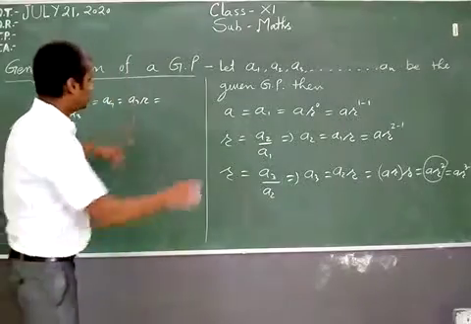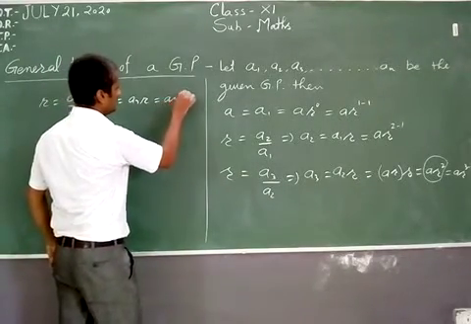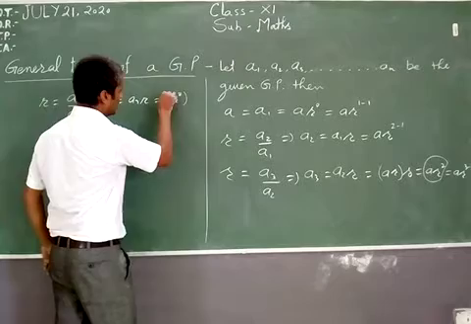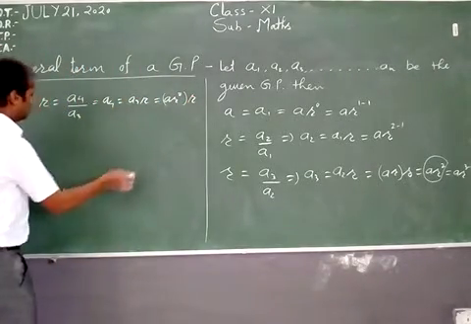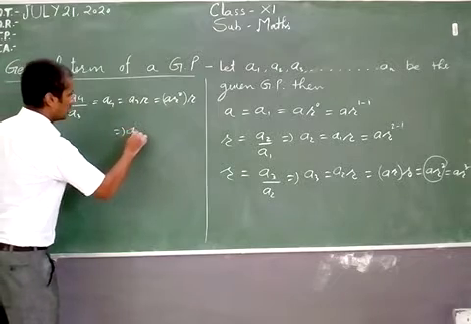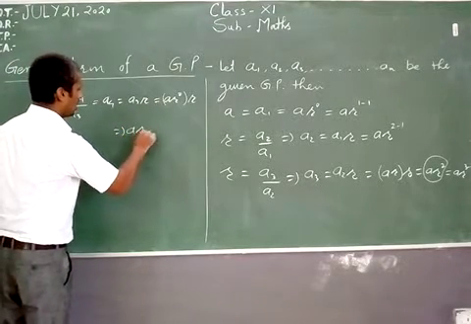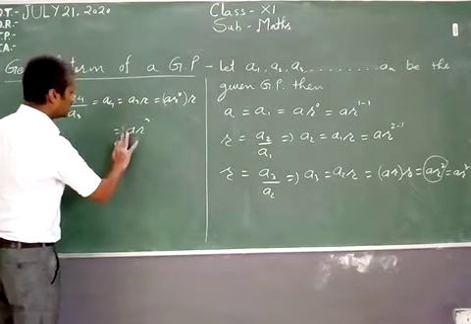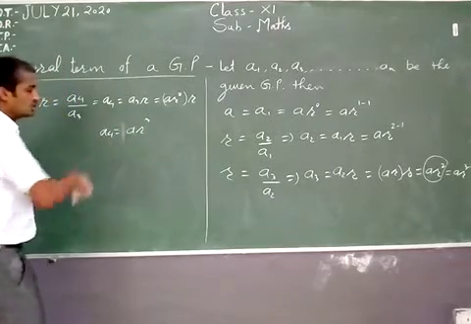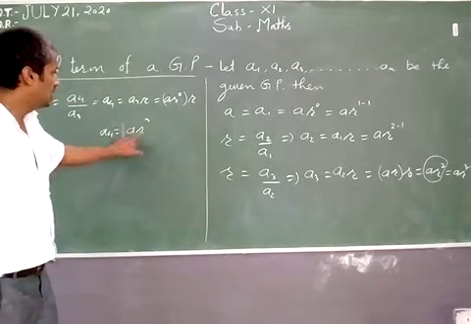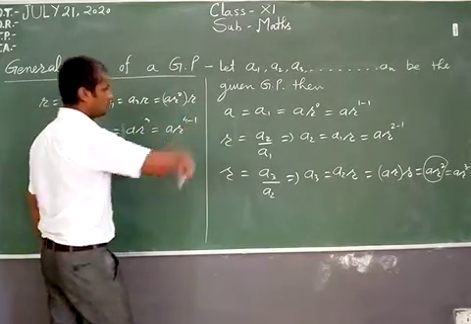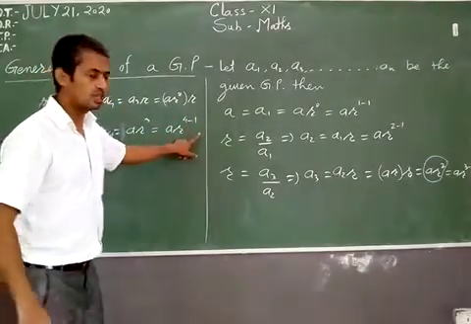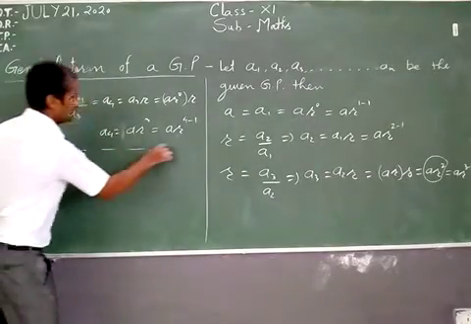We can substitute here A into R square in brackets into R, which implies A R cube. We can write the fourth term of the given GP, A R cube, equal to A R power 4 minus 1, and 4 minus 1 equals 3. Similarly, we can find more terms.